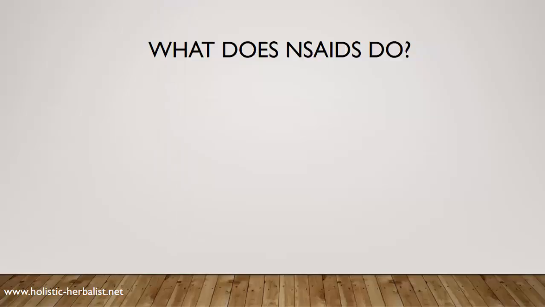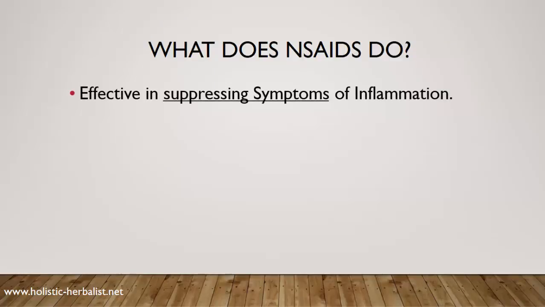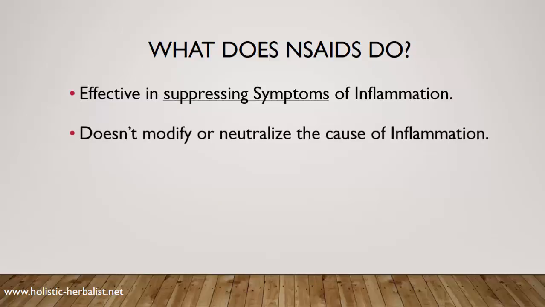What do NSAIDs do in our body? They are effective in suppressing symptoms of inflammation, and these drugs don't modify or neutralize the cause of inflammation. It is very important to understand. These are very good drugs if you have some acute pain, like pain of recent origin.